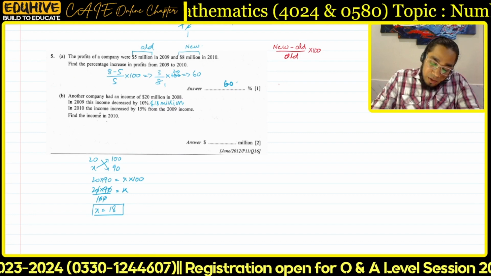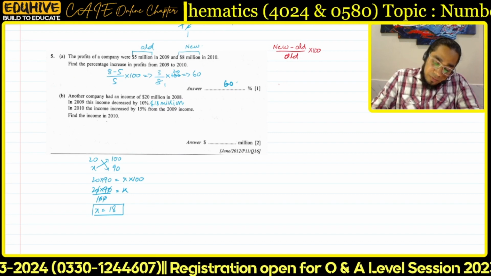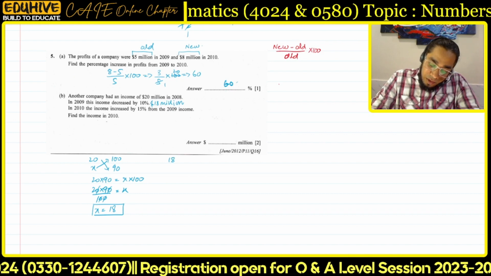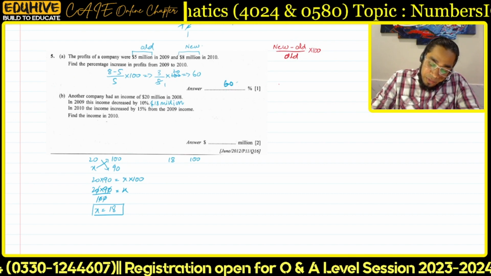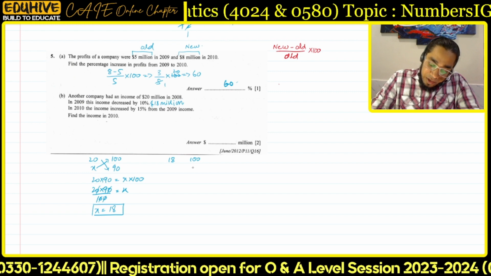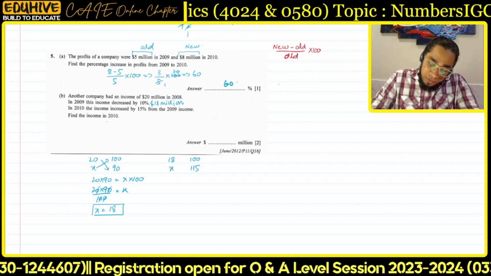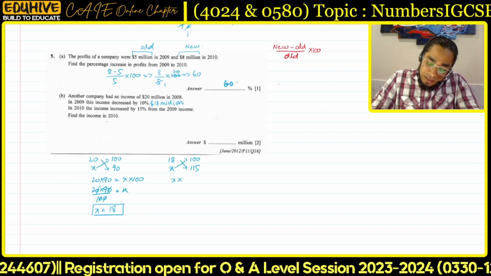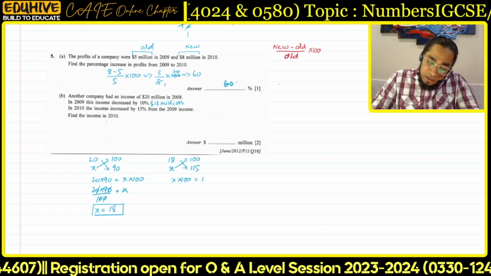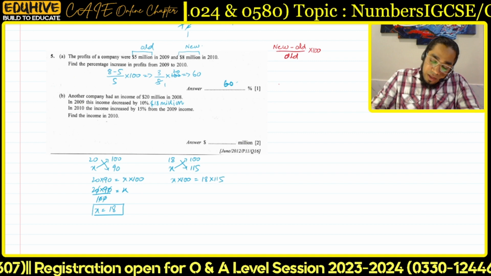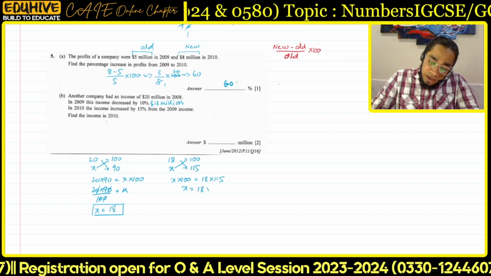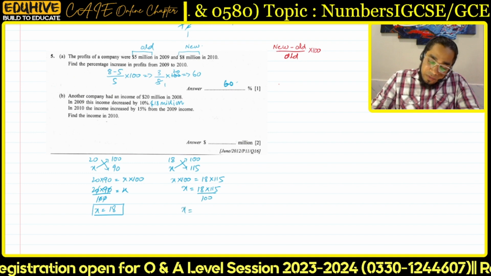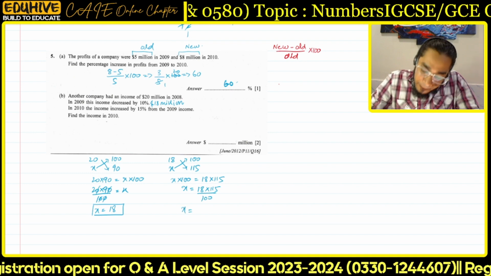In 2010, the income increased by 15%. So I'm going to say that the income was 18, that was 100% complete, but now it increased by 15%. So it's going to be 115 and x over here. So I can multiply x into 100, and it's going to be 18 into 115. That will be x is equal to 18 into 115 divided by 100. So it means we are having what?